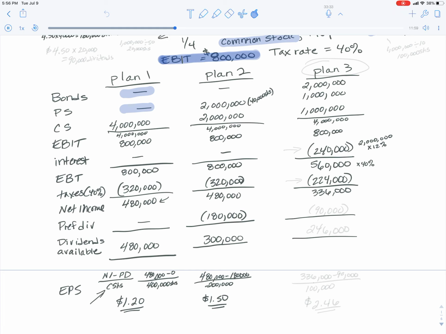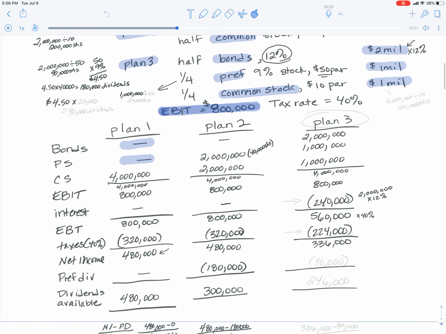We have the 9% again, which is $4.50 per share, times the number of shares. Well, we have $1 million of preferred divided by par is 20,000 shares. So you're going to multiply that times 20,000, and that is $90,000 in dividends.